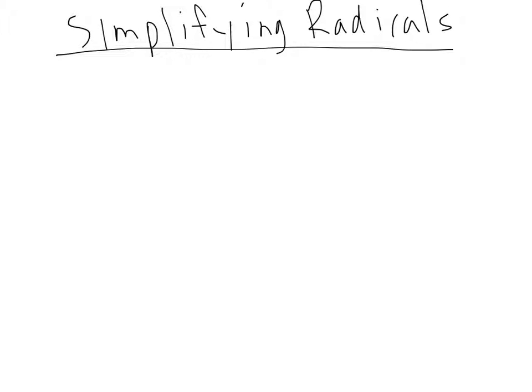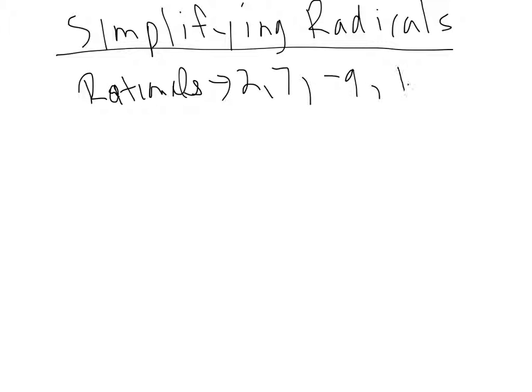You have rational and irrational numbers. So here's an example of a rational number. Rationals would be 2, 7, negative 9, 1.5, 7 over 3, etc. Rational numbers can be represented as a fraction.